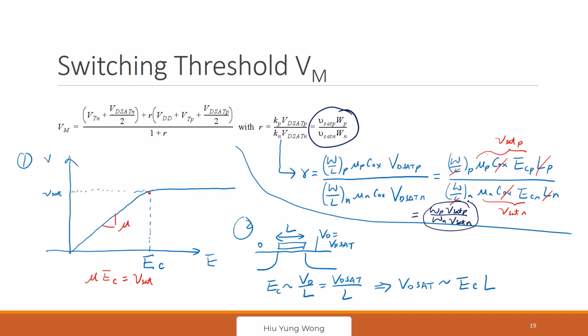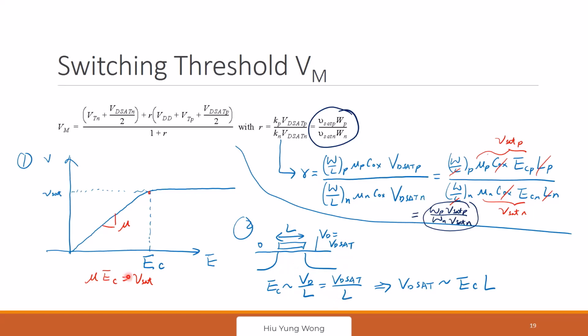And that is what we have here. So we do this derivation to clarify the concept again. Sometimes we need to do approximation. Of course, this is not exactly correct, but VDsat basically means that when your VD reaches VDsat, it is in velocity saturation. Then the critical electric field is just equal to VDsat divided by your length.